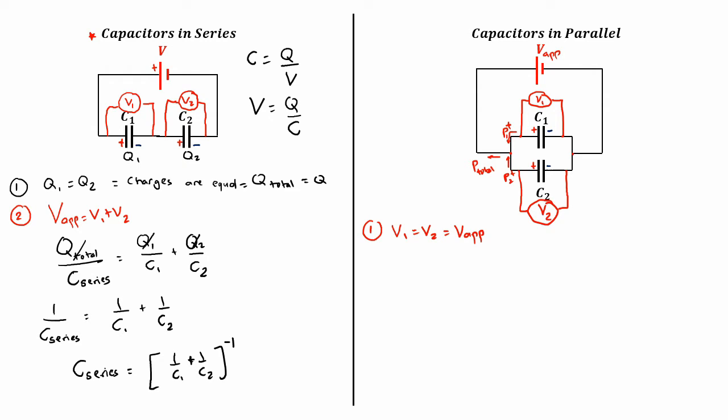Similarly, the electrons that the right plate loses, electrons from plate 1 and electrons from plate 2, add up and become the total electrons leaving.